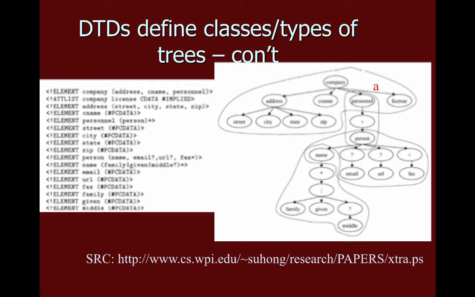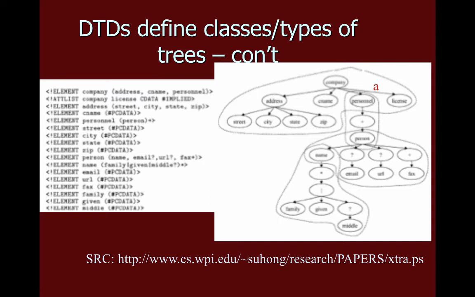And then address itself comprises a street, city, state, and a zip element. And then you have the personnel element, and if you look at the rule for the personnel element, it has person plus. That means the personnel element would have 1 or more person elements, and you can see that on the right hand side on the tree as well. There's a plus on top of person, and then you have the person elements.